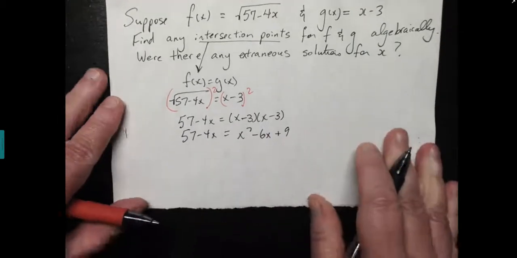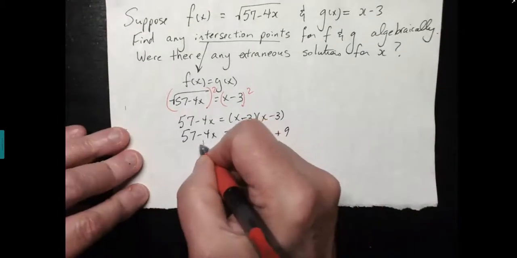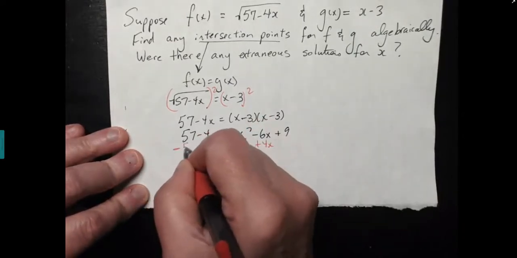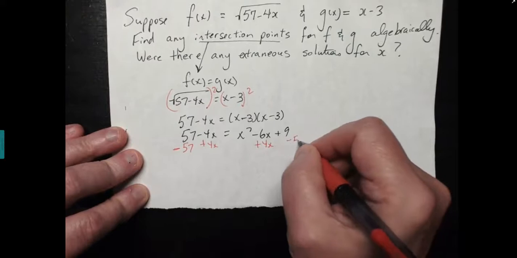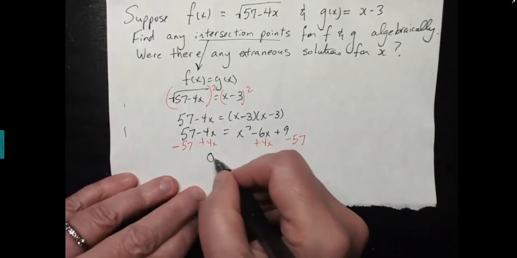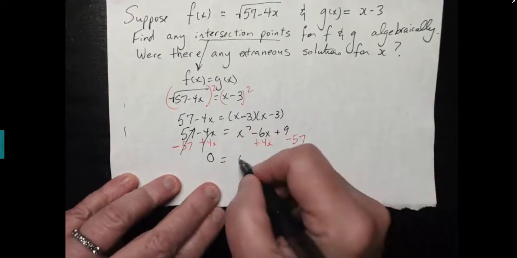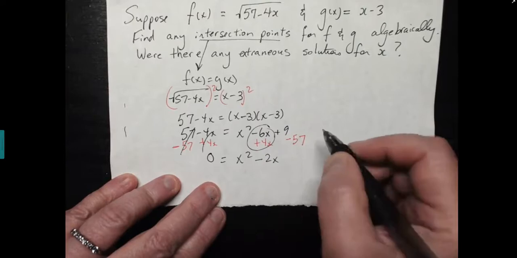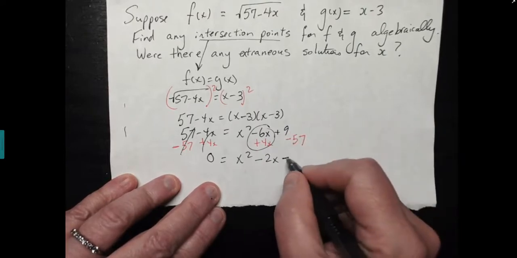And I need to get everything on one side again. So I'm going to add 4x to both sides, and I'm going to subtract 57 from both sides. Okay, so I'll have 0 is equal to x squared minus 2x, and 9 minus 57 is negative 48.